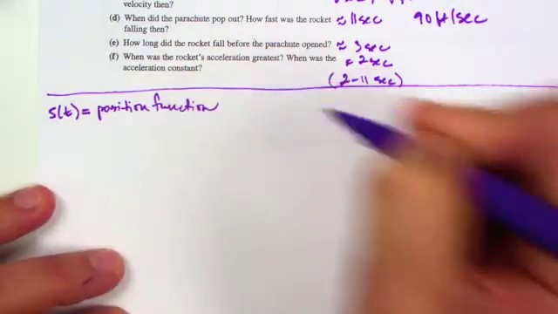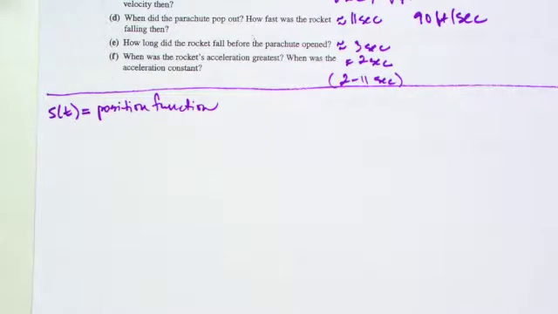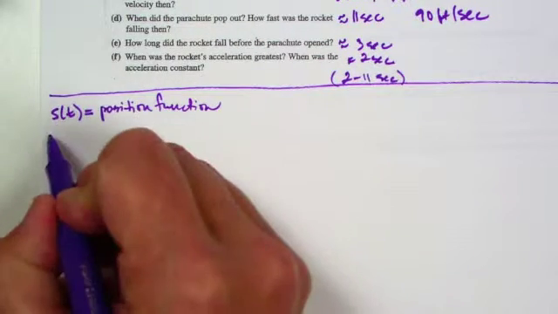S of t will be the symbol that we use to represent the position function, or your textbooks will use that more often. What is the rate of change in position? Velocity, right? Do you agree that the rate of change in position would be distance divided by time, and that makes sense as a velocity unit, right?